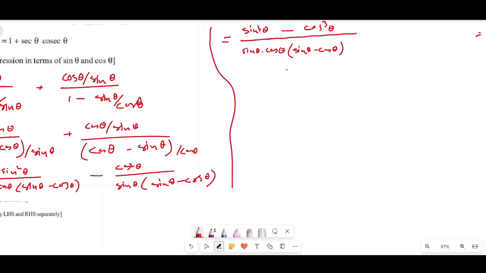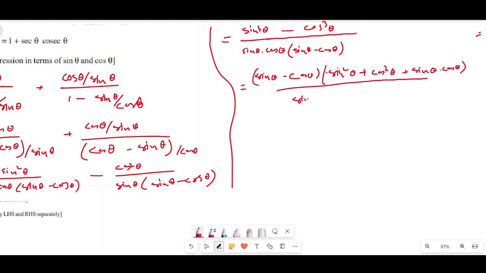Now here we will take the formula a cube minus b cube, a minus b, that means sin theta minus cos theta. Clear? Then we can write sin square theta plus cos square theta, and this will be plus sin theta into cos theta. Clear? Now sin theta cos theta into sin theta minus cos theta. Sin theta minus cos theta will be cancelled.